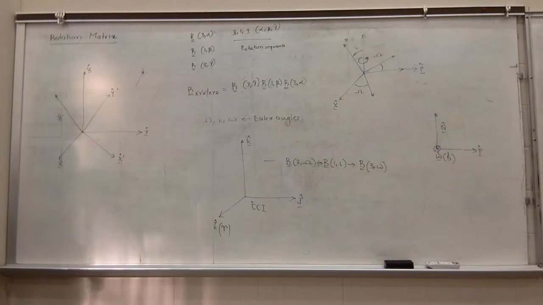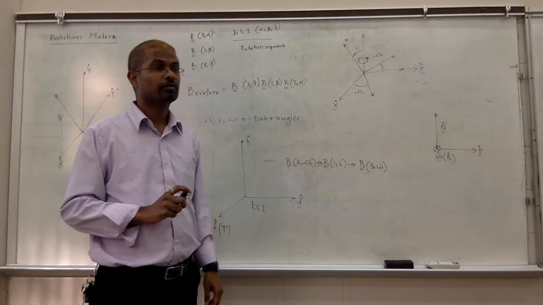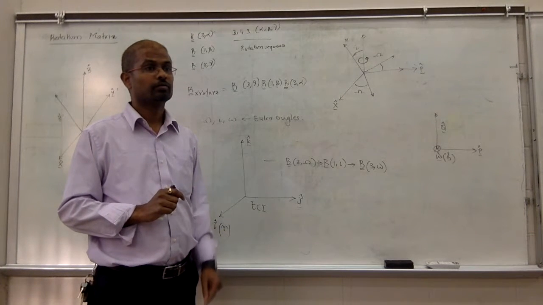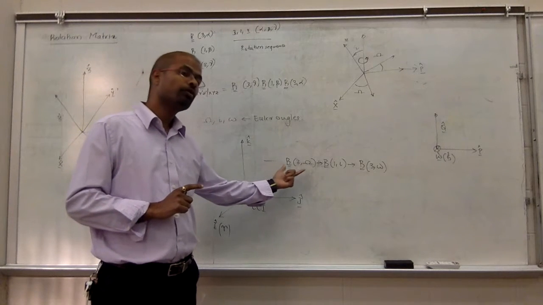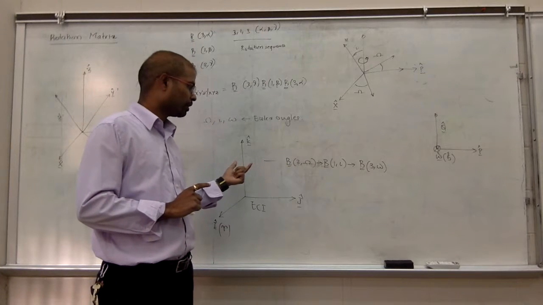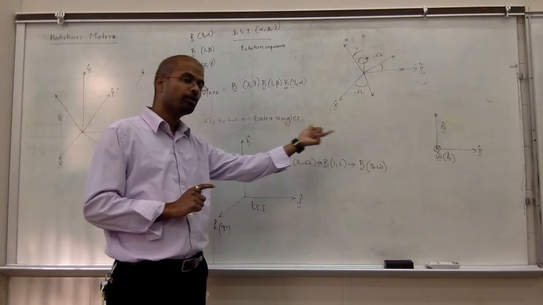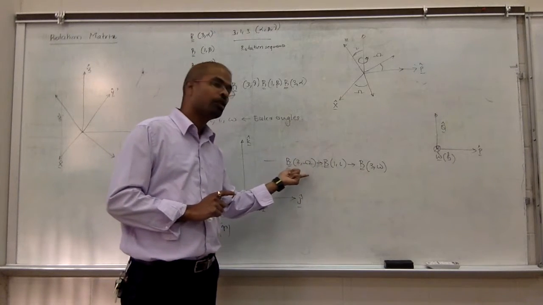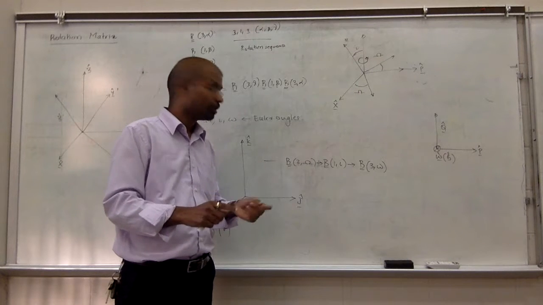Is that supposed to be the case any time we do this? Because it will be different for 2, 1, 3 than 2, 3, 1. Right, we'll cover that. You can go from ECI to PQW using any sequence: 1, 2, 3, 2, 3, 1, 3, 2, 1.